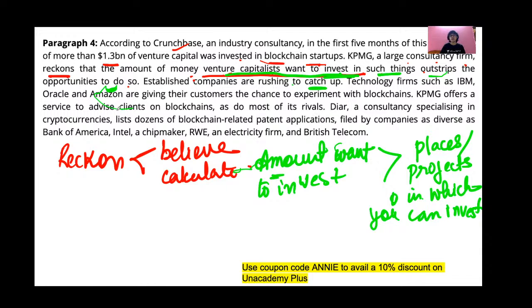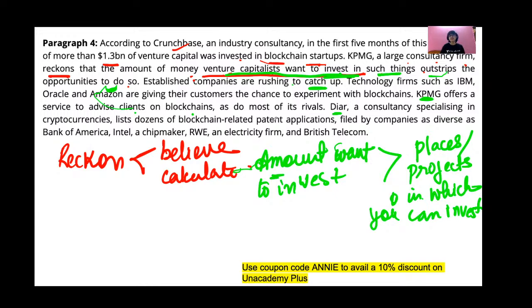KPMG offers a service to advise clients on blockchains, as do most of its rivals. So KPMG is now advising its clients on blockchains, and also KPMG's rival companies, which means KPMG's competitors, are also advising their clients. Dyer, a consultancy specializing in cryptocurrencies, lists dozens of blockchain-related patent applications filed by companies as diverse as Bank of America, Intel, chip maker RWE, electricity firm, and British Telecom.